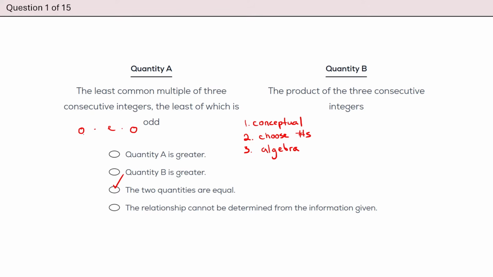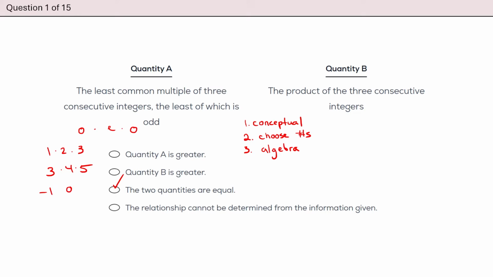Choosing numbers, well, obviously, you just start with 1, 2, 3, right? What is the product of these three integers? 6. What is their LCM? 6. And then you can verify it with the next case, 3, 4, 5. What is the LCM? It's going to be 60. What is the product? It's going to be 60. And if you really want to, you can even confirm it with a negative number as well.